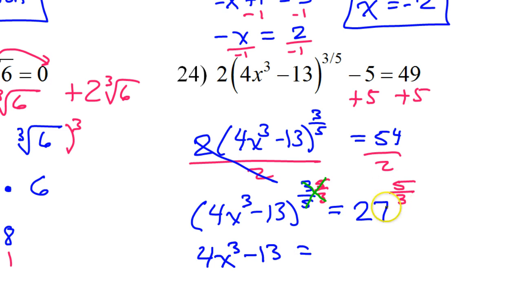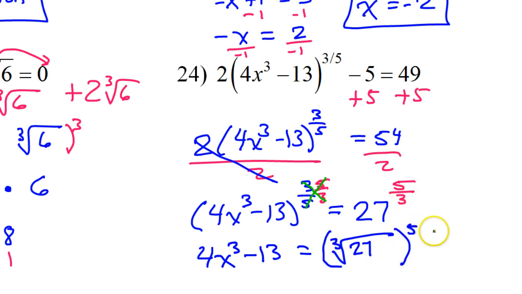Now I have to do 27 to the 5/3 power. Now remember, in radical form, this might be easier to think about, where 5 is the power, 3 is the root. So focus on 3 being the root. That means we are dealing with the cube root of 27, and then 5 is the power.